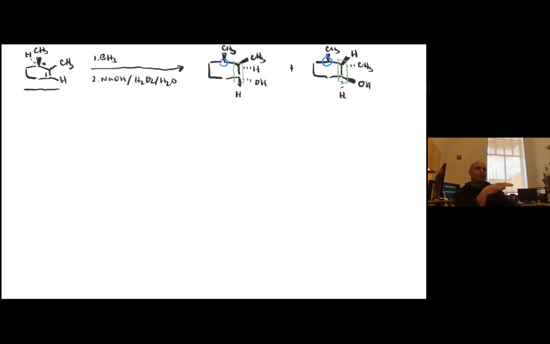And the transition states that lead to these different products are going to be diastereomeric. So previously we've talked about enantiomeric transition states. So transition states that are non-superimposable mirror images of each other, okay? In this case, the transition states are diastereomeric. So let me put this on a reaction energy diagram.